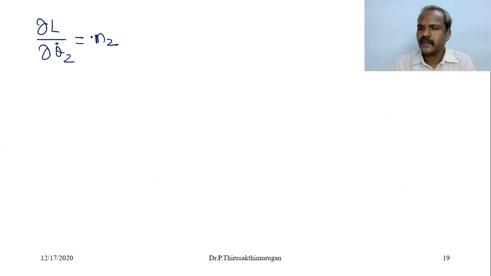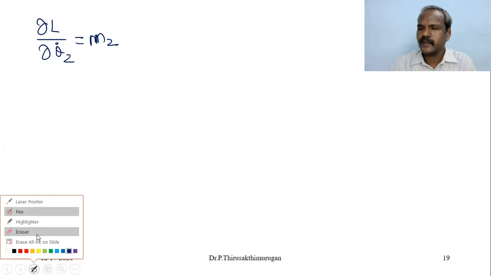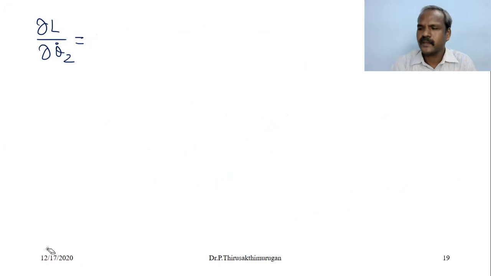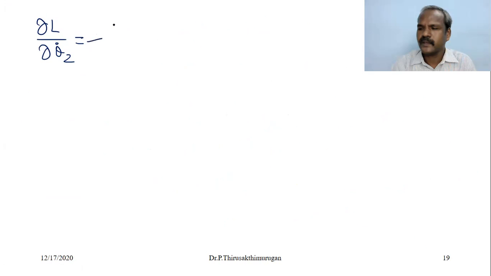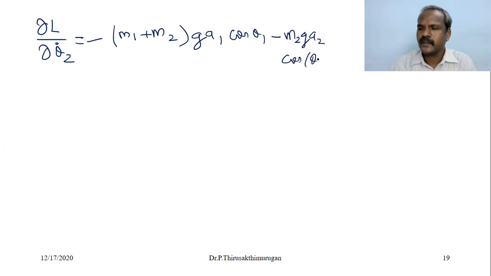M2 minus of m1 plus m2 g a1 cos theta 1 minus m2 g a2 cos of theta 1 plus theta 2. Okay, then dou L by dou theta 2.